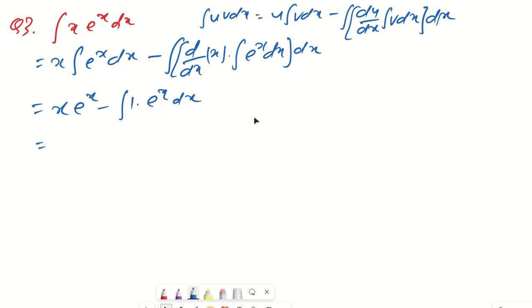So both put together I am just putting one constant of integration at last, that doesn't matter. So you have to just understand that. This will become x e to the power x minus e to the power x plus c, because integration of e to the power x is e to the power x only.